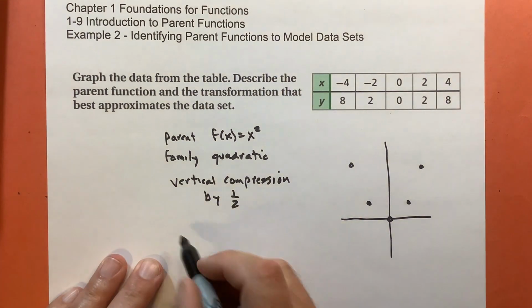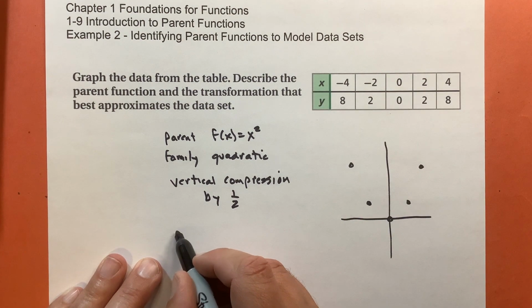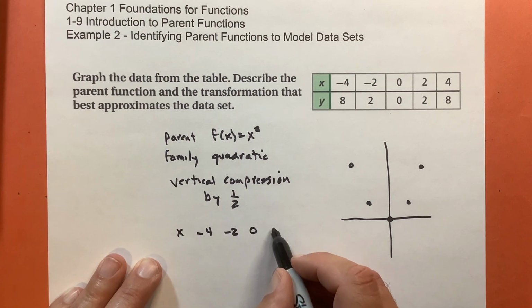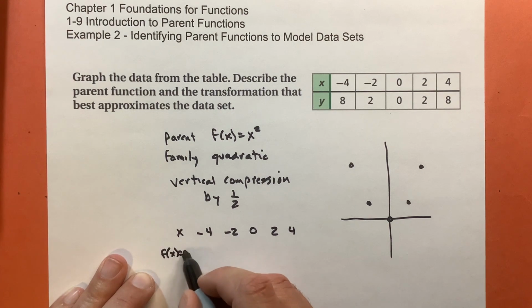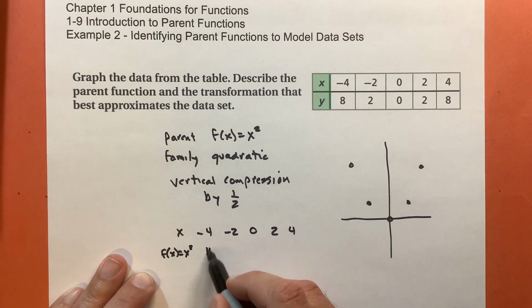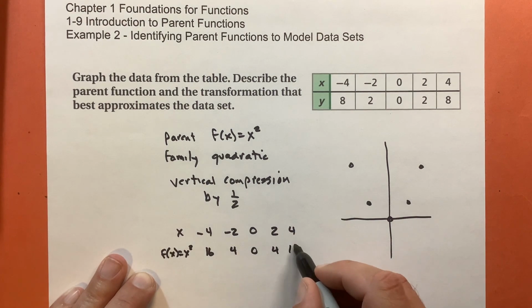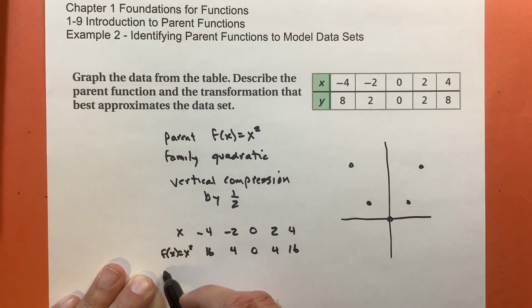And if this is my g of x, I'm going to make my f of x. So here's my x: -4, -2, 0, 2, 4. Here's the parent function, f of x equals x squared. So this would be positive 16, positive 4, still 0, positive 4, positive 16. I just squared each of these numbers. And it looks like my g of x is going to be that divided by 2.